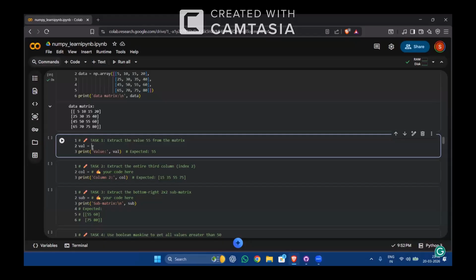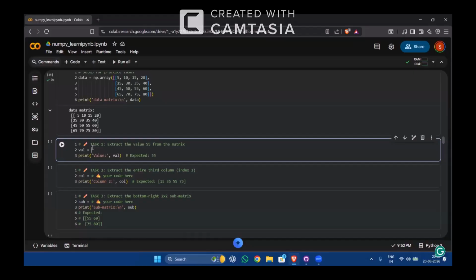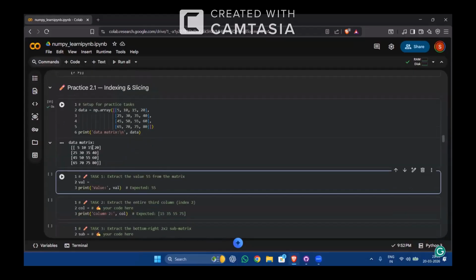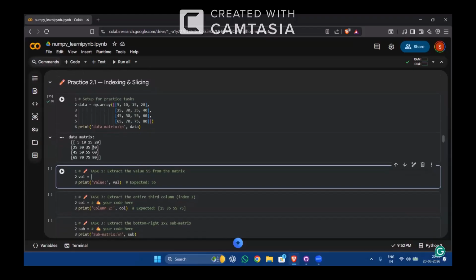I have to take 55. 55 is on the second row, second column. So data within square brackets, you have to specify 2, 2. Okay, so on executing.